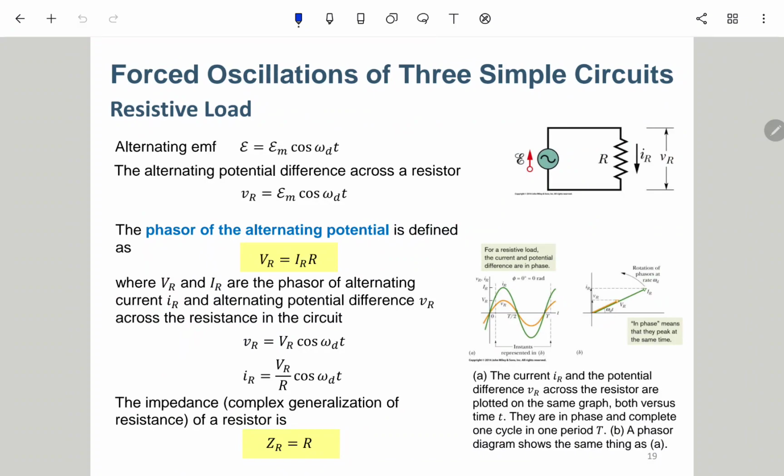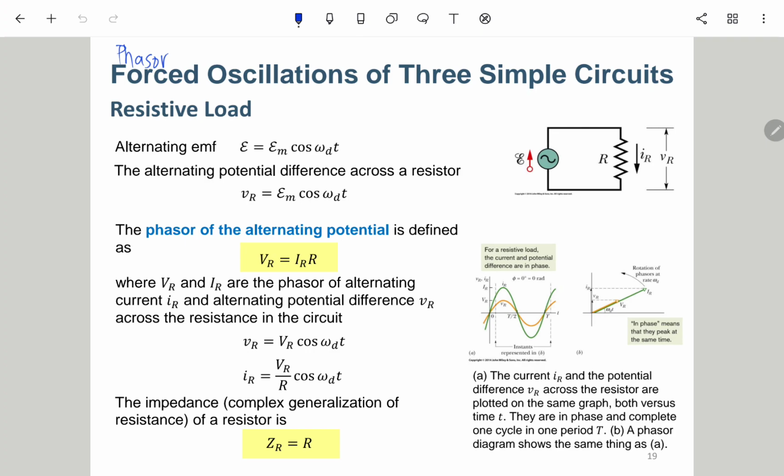Okay. So next part we start to talk about something called a phasor. In this textbook, it does not mention the phasor, and also I think the notation in this part of the textbook is quite strange, quite different from the formulas in the circuit theory textbook.